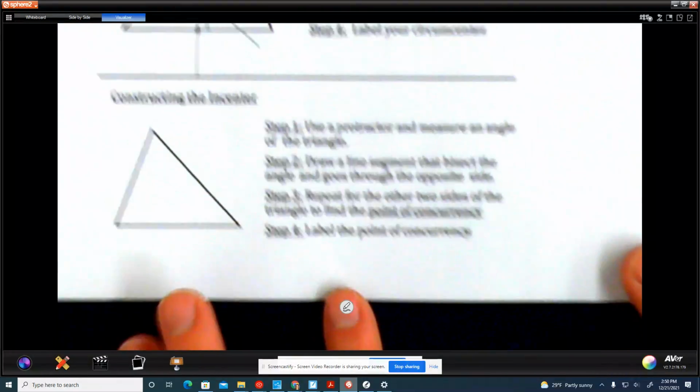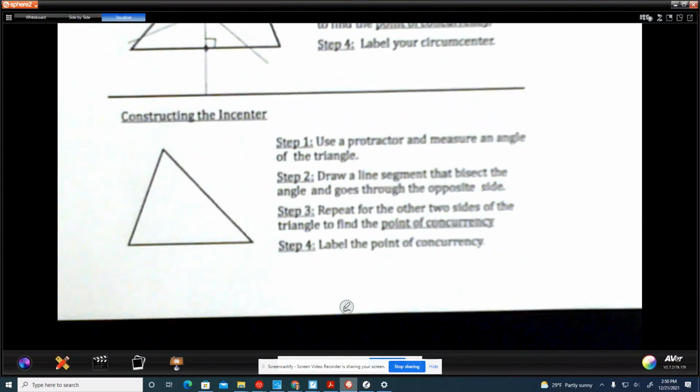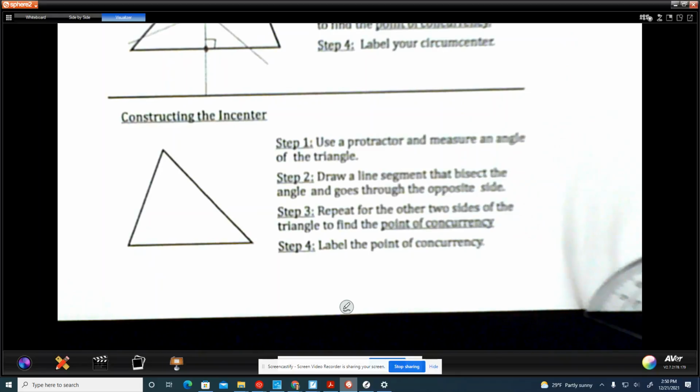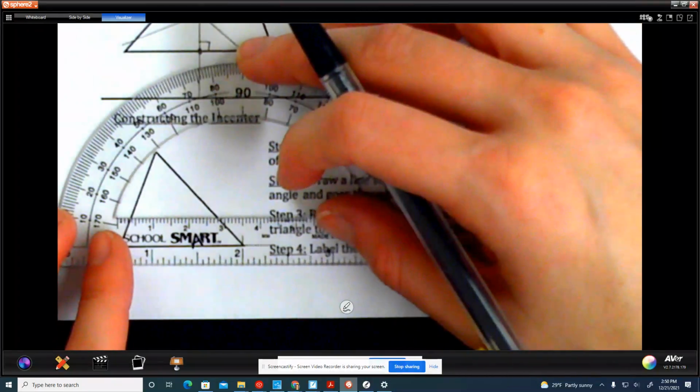Okay. If you didn't quite get it, ask somebody next to you for a little bit of help. The next, we're going to do an in-center, which is where all the angle bisectors intersect. So we're going to just estimate each angle. This is why you need the protractor. All right, so I'll start with measuring this angle down here.